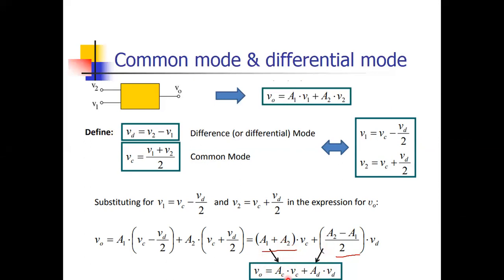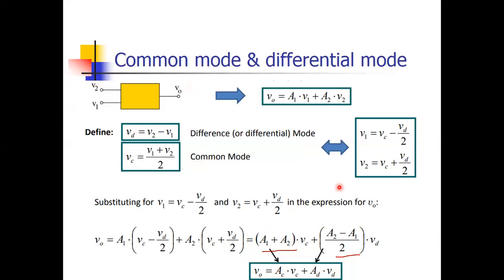Actually, the common mode gain should be 0, and ideally the output should be only the differential gain multiplied by the differential voltage, because a differential amplifier amplifies the difference of the input signals, but the common mode signal is due to noise. So output voltage equals AC VC plus AD VD.